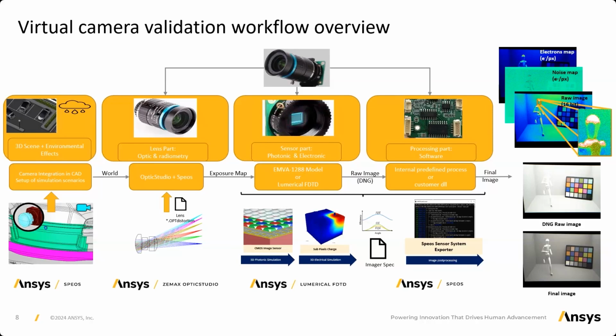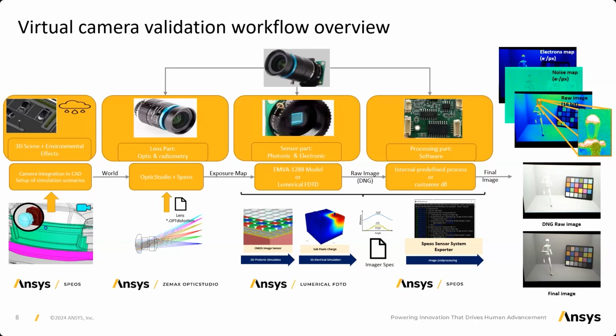Then, if we consider the virtual camera validation, we need at some point to have a virtual camera inside the scene. This can be done thanks to the Optic Studio software that permits to export a reducible model from the lens design that can then be used by Speos to create a virtual camera sensor and make the virtual acquisition.